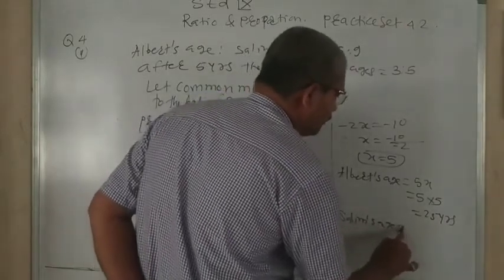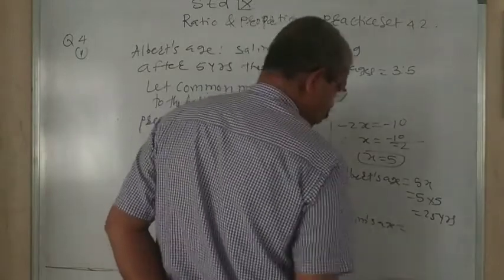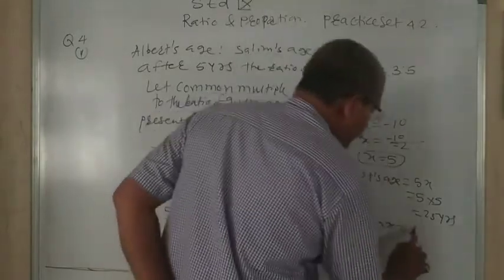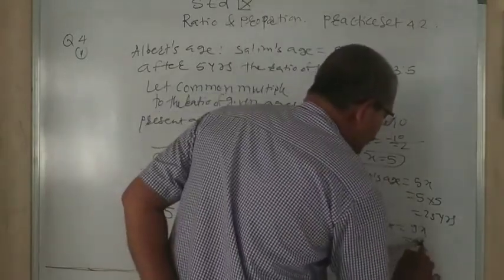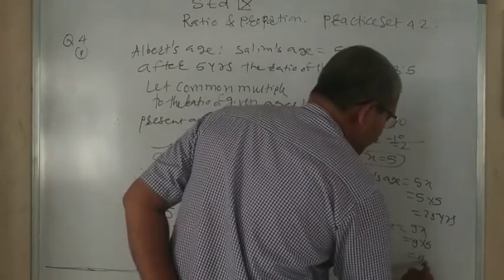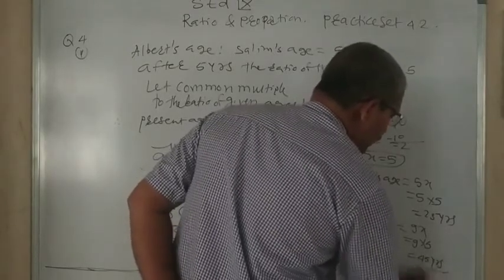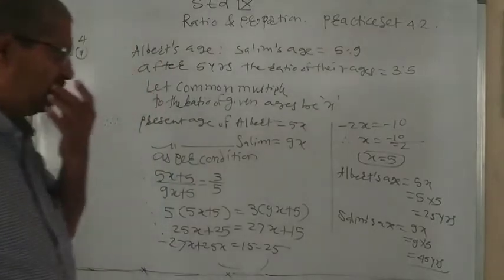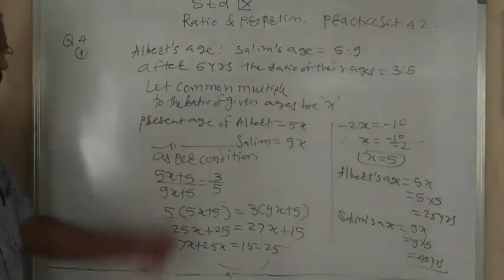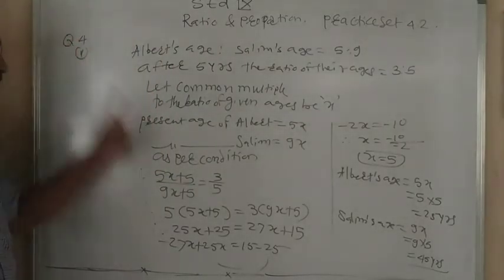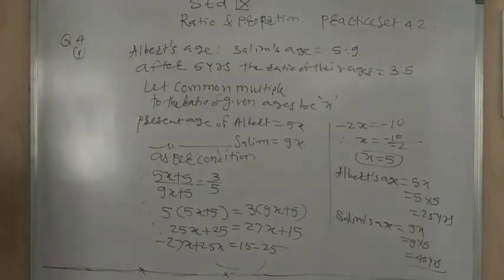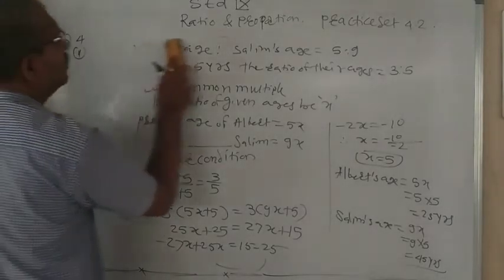Salim's age is equal to 9x, means 9 into 5, 45 years. Understand? So by this way, this is question number 2. Now the next question, that is question number 3. We'll see question number 3.